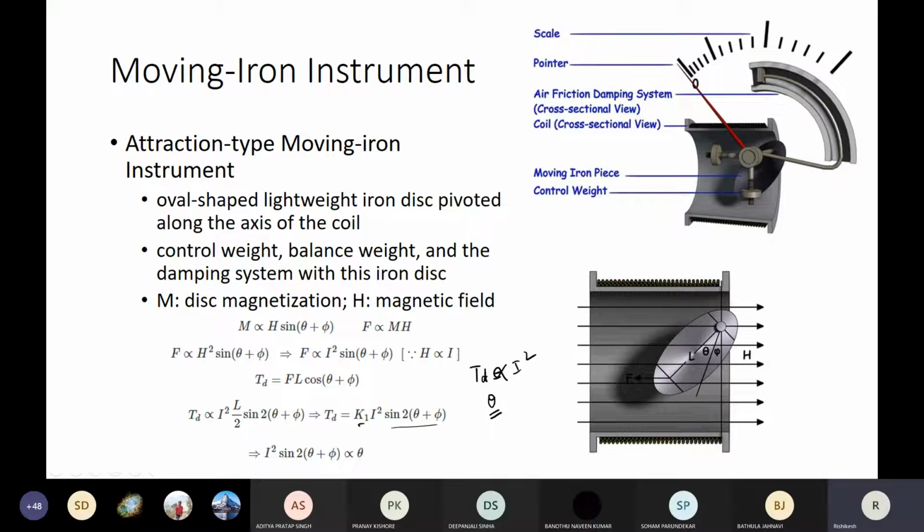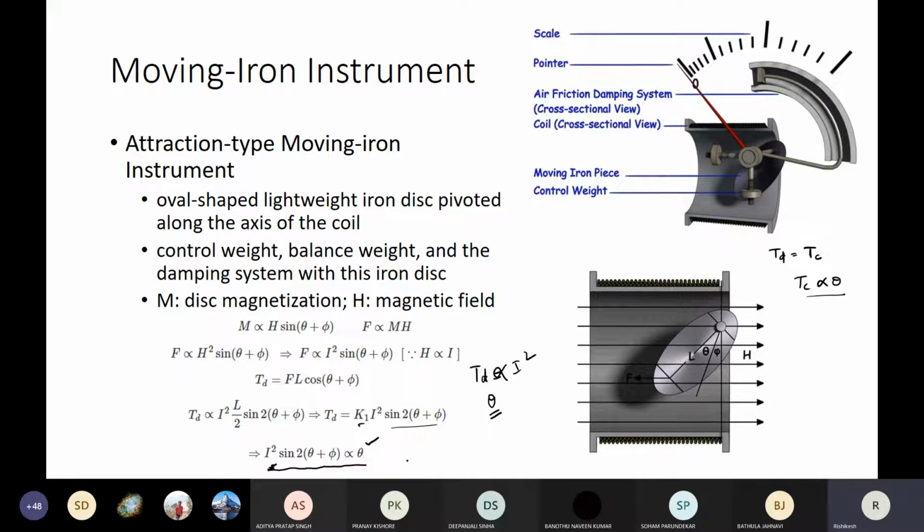Now if you remember our discussion on PMMC, in the steady state the deflection torque is equal to the controlling torque, and the controlling torque itself is proportional to theta, isn't it? So this indicates that our angle of rotation theta is proportional to I square.